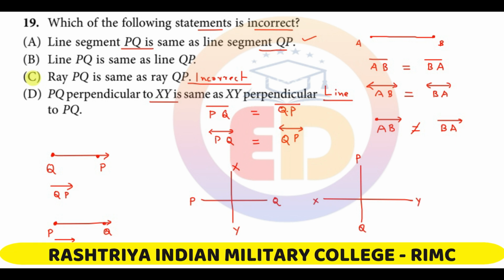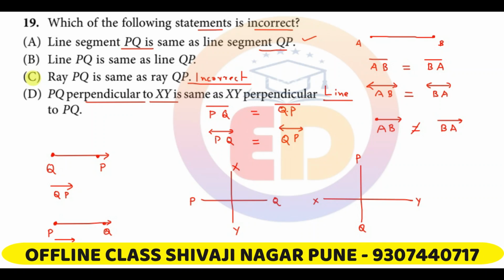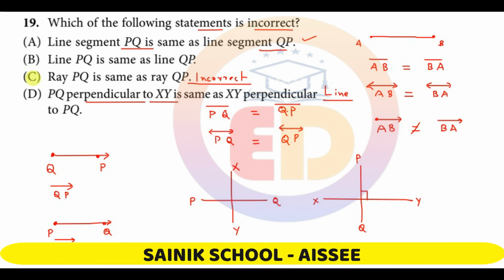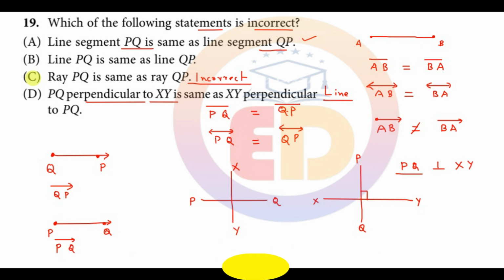Now if you look at the statement, they say PQ is perpendicular to XY. Perpendicular means when a line or line segment makes a 90-degree angle with another intersecting line, then we can say that PQ is perpendicular to XY. And the symbol of perpendicular is this. So we can say that PQ is perpendicular to XY.